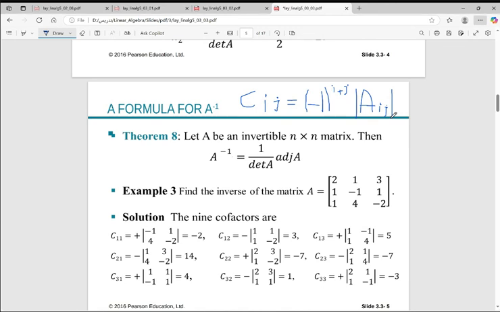So in this way, you can define the cofactor matrix C using the formula that I wrote here.